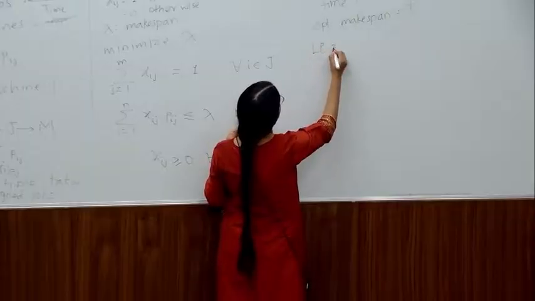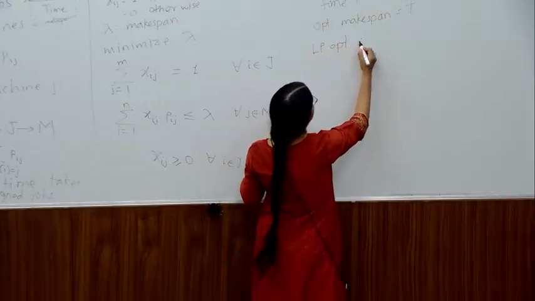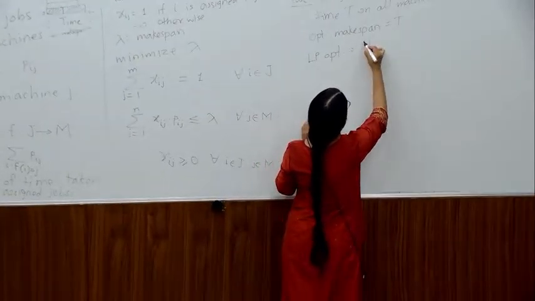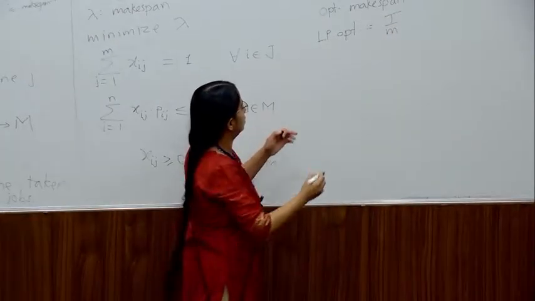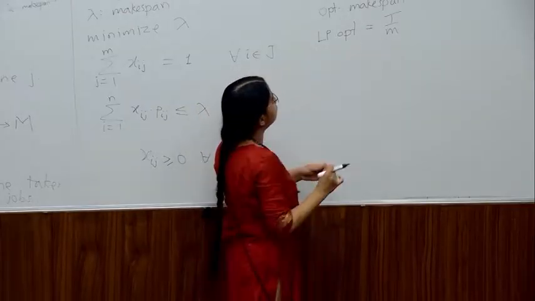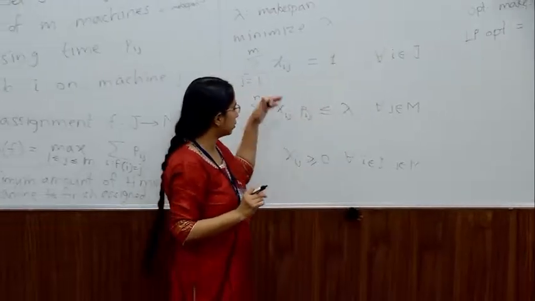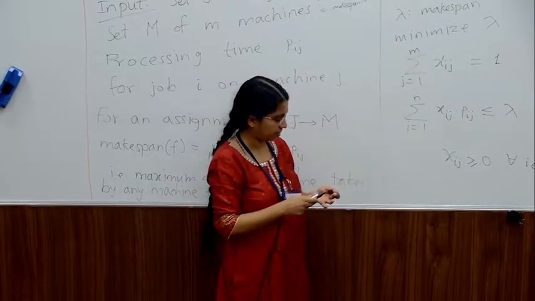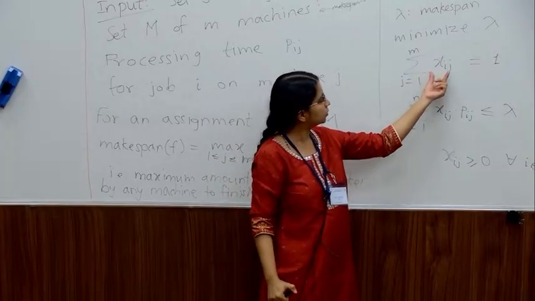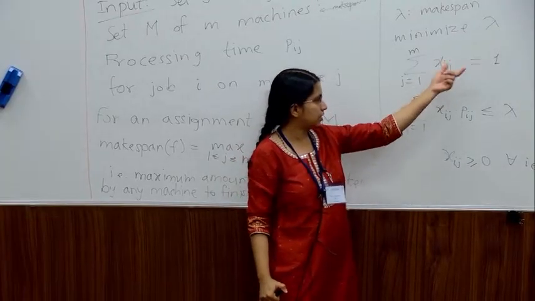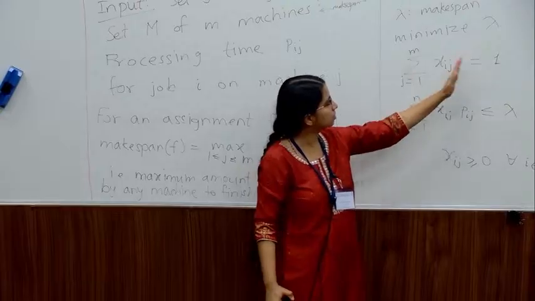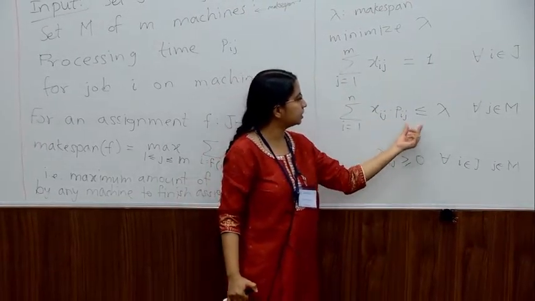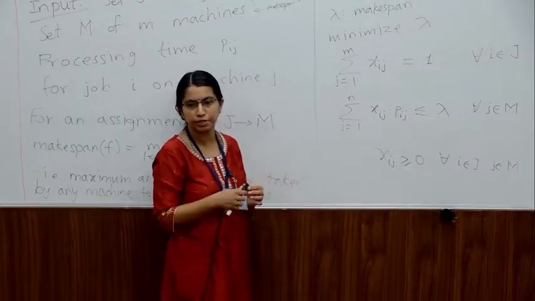So LP optimum will be t over m, because it will distribute this job equally across all machines so that all these constraints will be met. Right? So this value will be 1 over m for every variable, and that will sum to 1 because we are summing over m of them. And here it will be 1 over m times t, so the next one will be t over m.